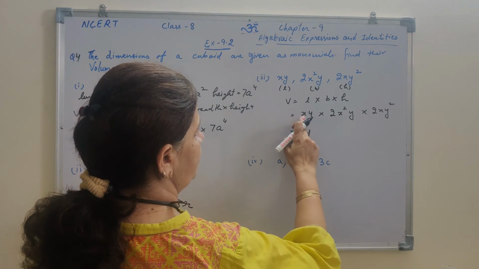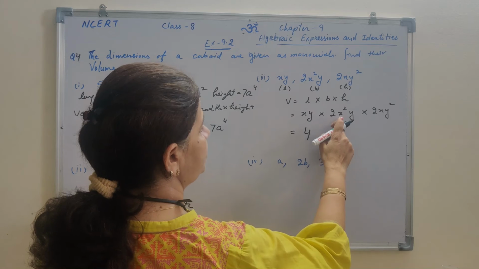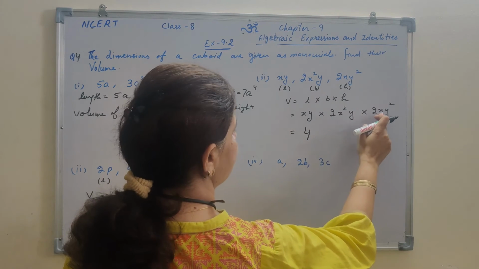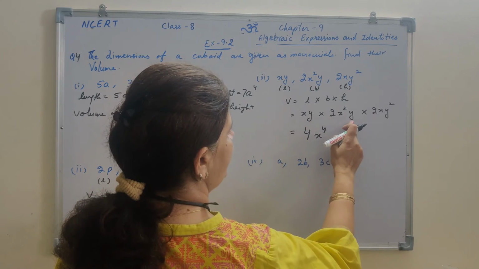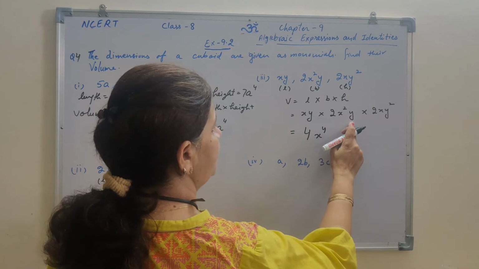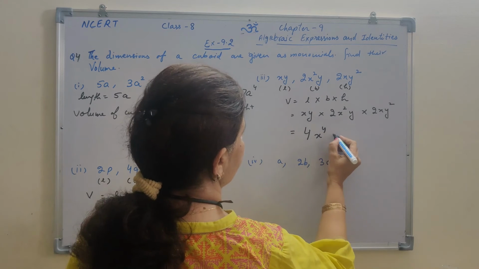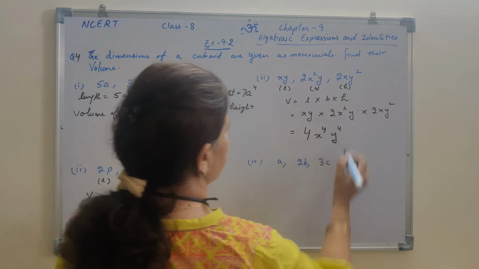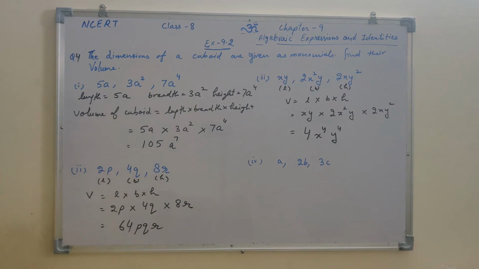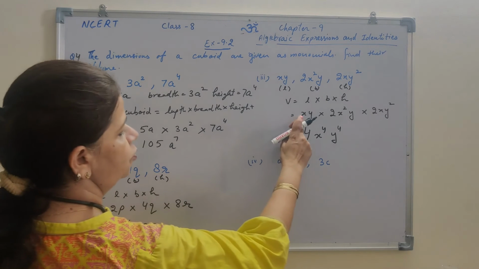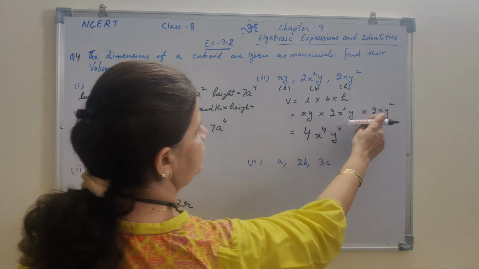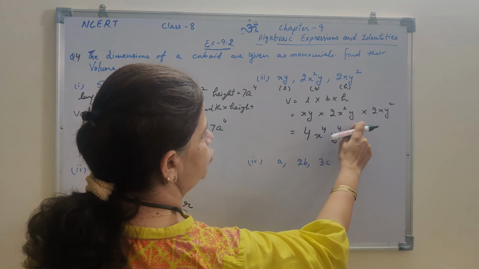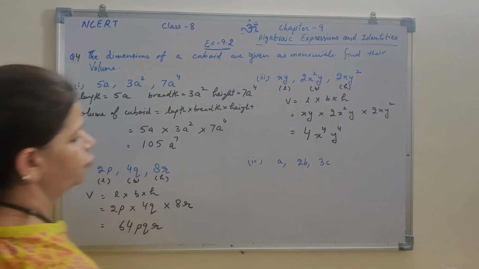Here we have power 1 and power 2, total becomes power 3 and 1 power is here, so it becomes x power 4. And y, total it becomes y power 2 and again 2, so it becomes y power 4 also. So the volume is 4x4 y4, right? See, this is no power, that means it is 1 there. So 1 and 2, total is 3, 3 and 1, 4. 1 and 1, 2, 2 and 2 power, total power 4.